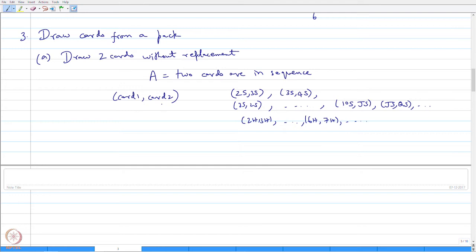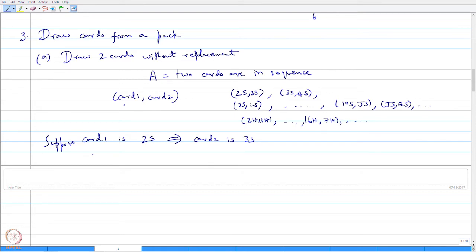The number of choices you have for card 2 will be different. So, for instance, suppose card 1 is say 2 spades. Then if you want a sequence, this will imply card 2 is 3 spades, only then you will have a sequence, otherwise you will not.